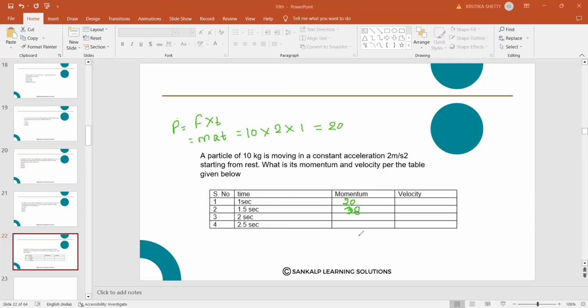Ma'am, 40. Yes, 40. Then the last one, so 20, 30, 40. 50. Yes.